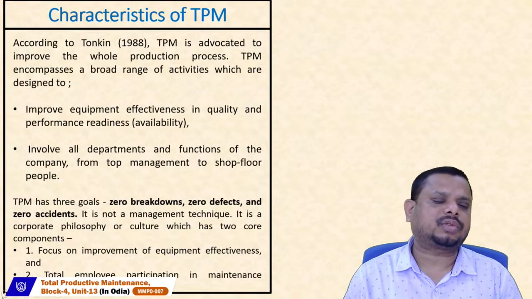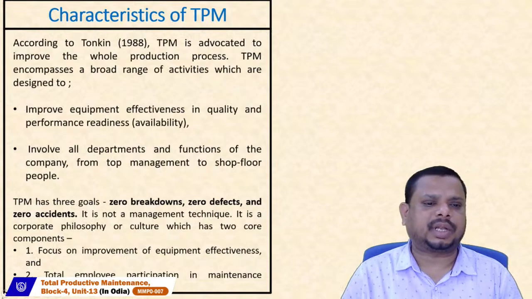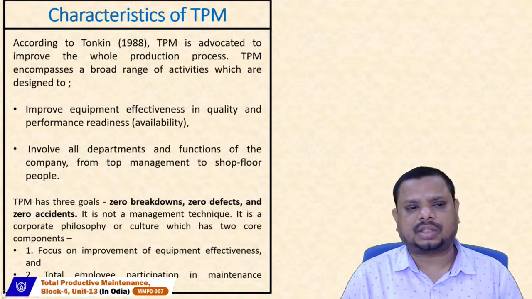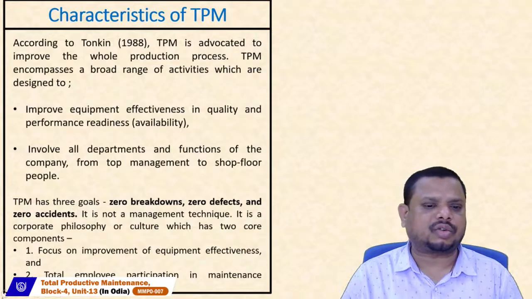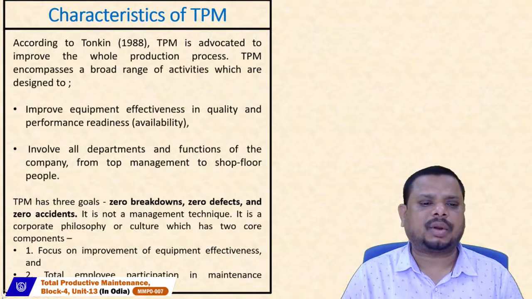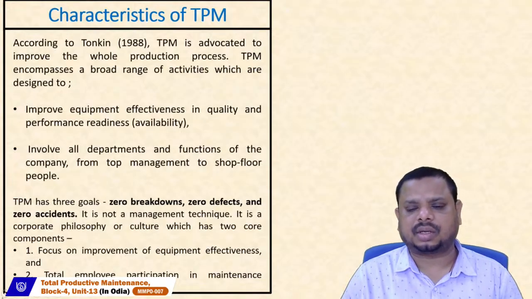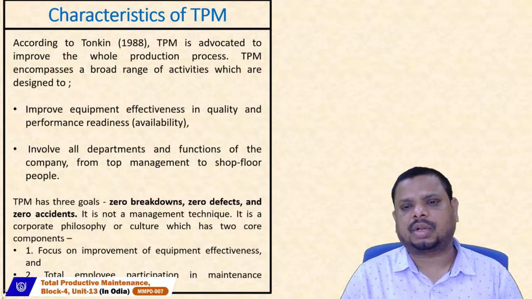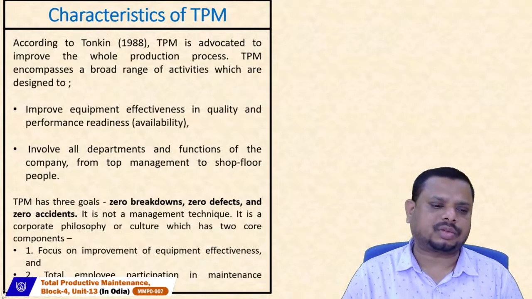So whenever you introduce total productivity maintenance, the first important part is to improve the effectiveness of qualities and the performance, known as performance readiness, in the form of availability of equipment and machines. The second important point is that it involves all levels of management, starting from the department, sub department, the functions of companies, the top level of management to the shop floor people.